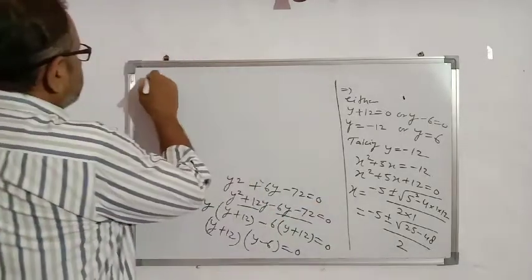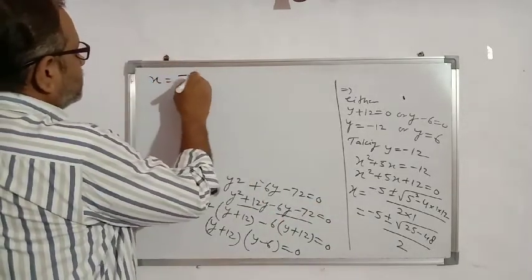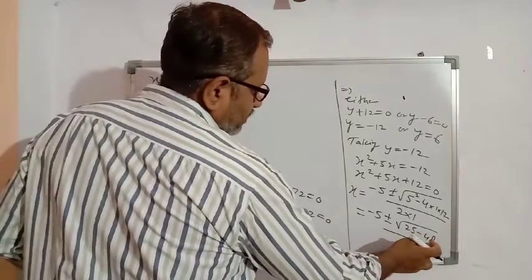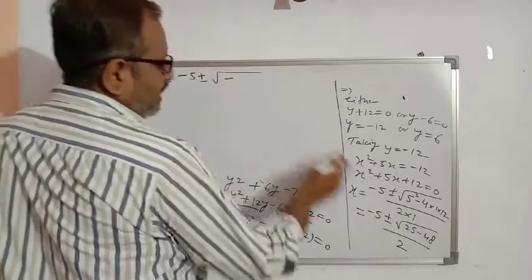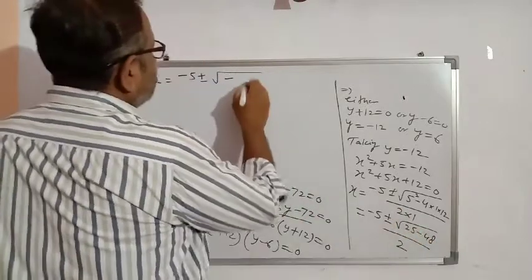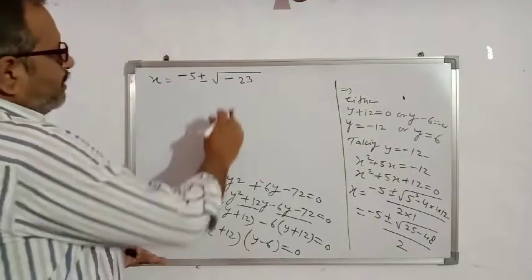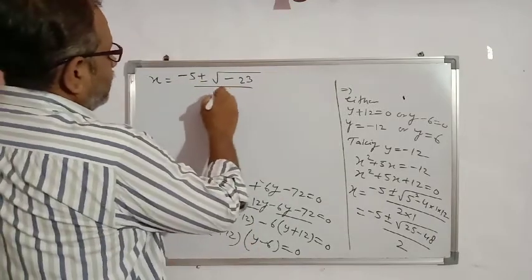So x is equal to minus 5 plus minus under root 25 minus 48, which is minus 23, by 2.